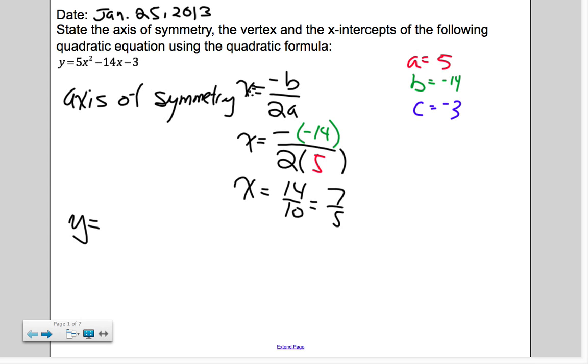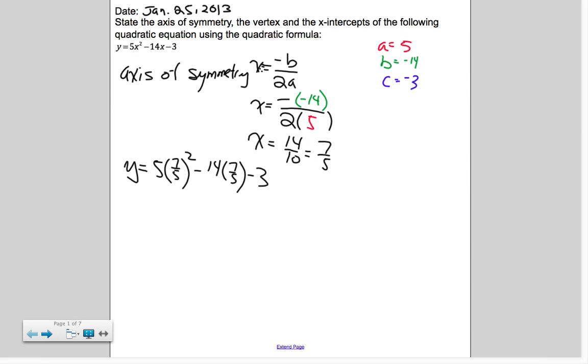So y is equal to 5 times 7 over 5 quantity squared minus 14 times 7 over 5 minus 3. So y is equal to 5 times 7/5 squared, which is 49 over 25, minus 14 times 7, 98 over 5.